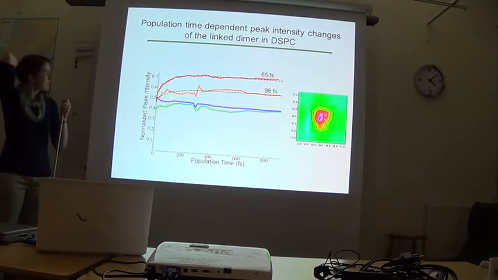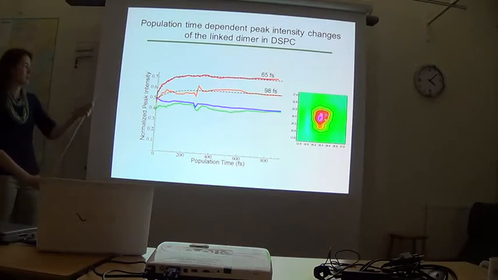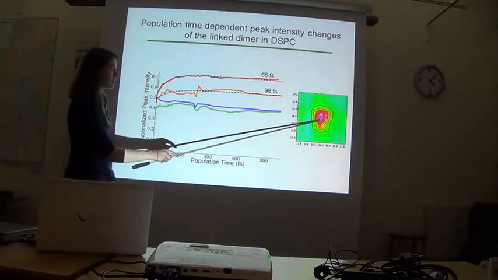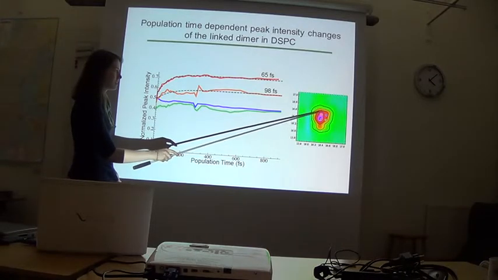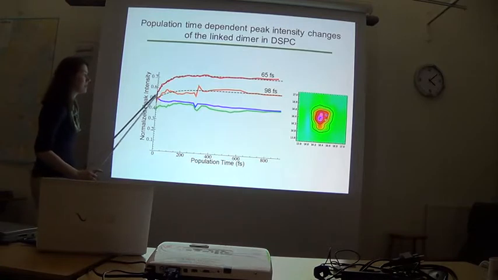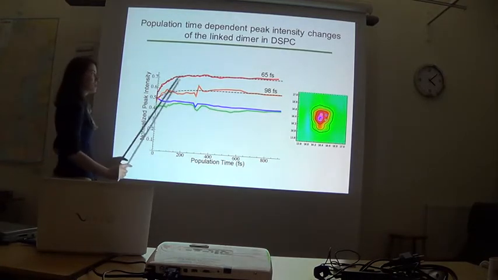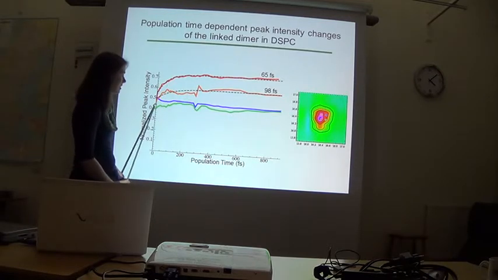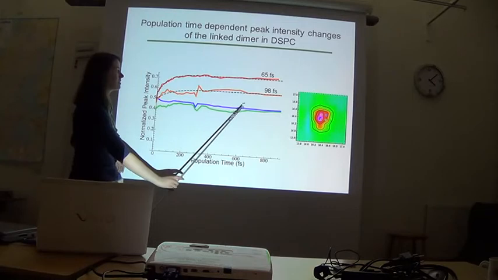When we look at our plots, we're seeing an increase in our lower off-diagonal peak, our lower diagonal peak, and our upper off-diagonal peak. They are changing in intensity to a much greater extent than the lower off-diagonal and the upper diagonal.